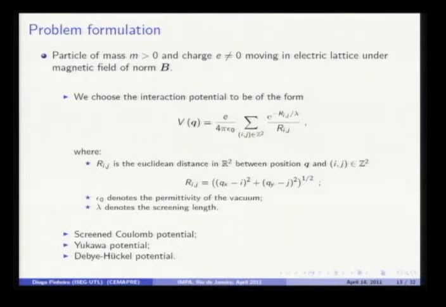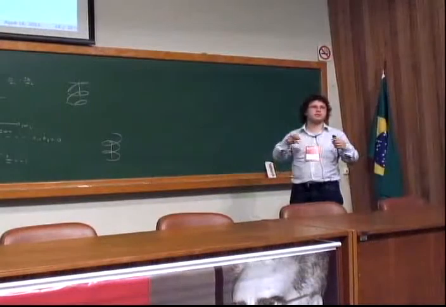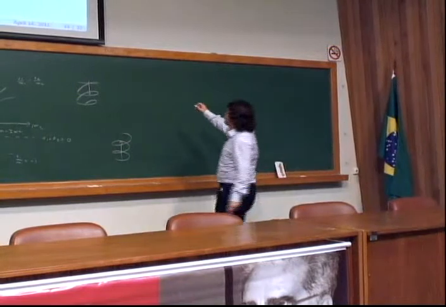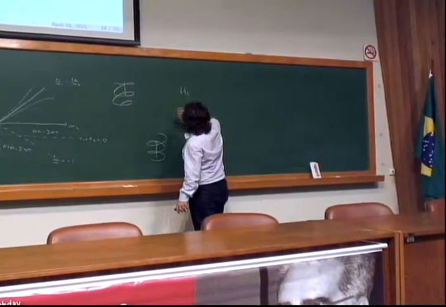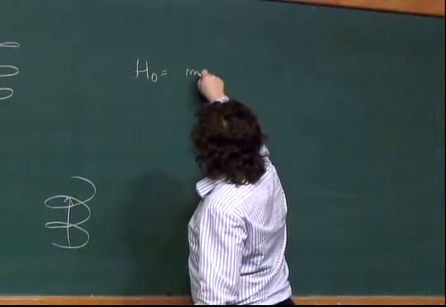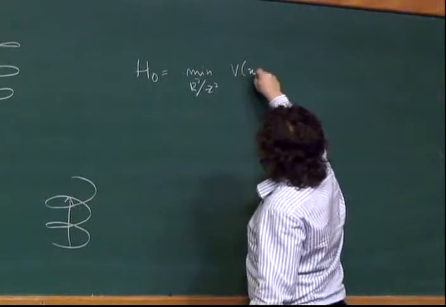Okay, so now let's look at what these potentials look like. This is the picture for that potential when the moving charge has positive charge, and therefore the interaction between the charge and the fixed particles in the lattice is repulsive. So you can identify two critical level sets for the energy. First, H0, which is the minimum on each cell of the lattice of Vxy.